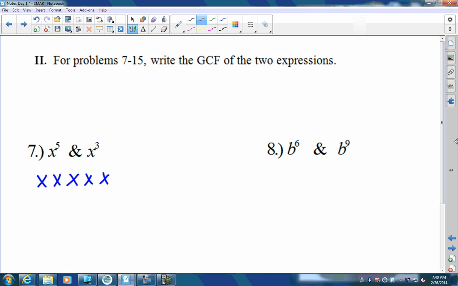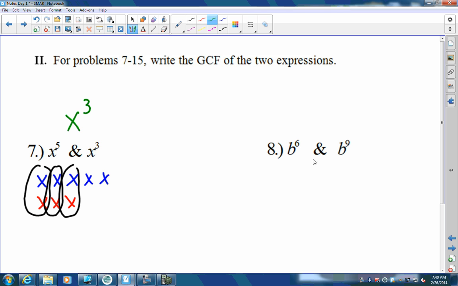X to the 3rd means that you have 1, 2, 3 X's. Now, when you're trying to find the greatest common factor, you're figuring out how many they have in common. 1, 2, 3. Your GCF for these two is X to the 3rd. Each term has at least 3 X's in it.